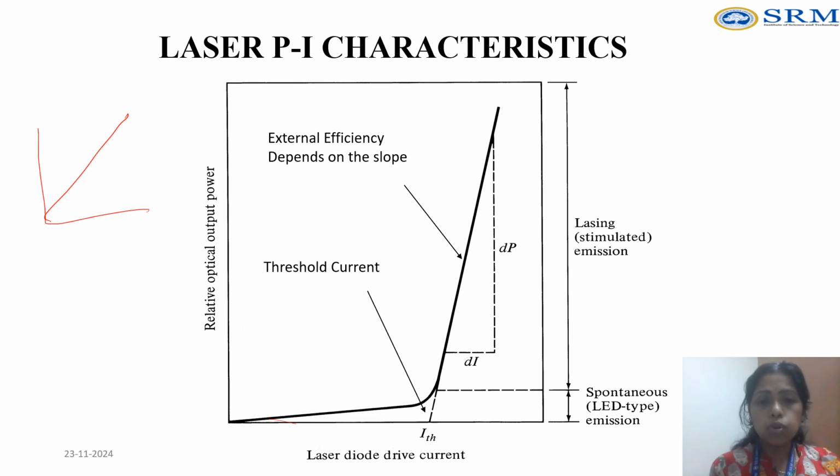Lambda you know, which laser you are providing. Then if you measure this power versus current curve, from that you can calculate dP/dI and get the value. So this is about the laser efficiency and how you can calculate the laser power from the graph.